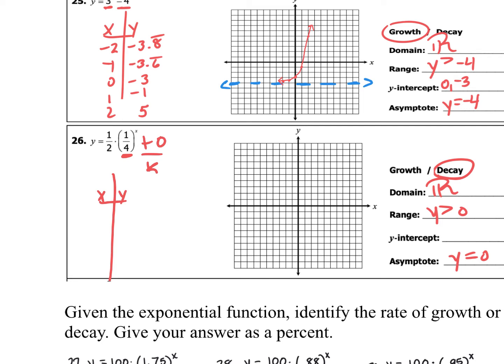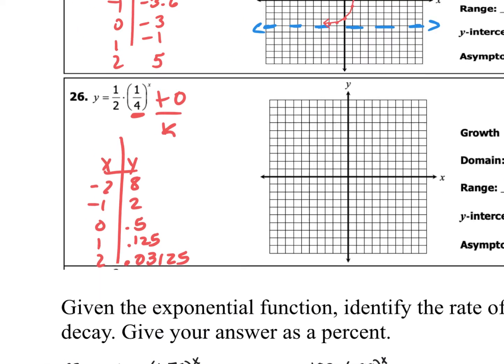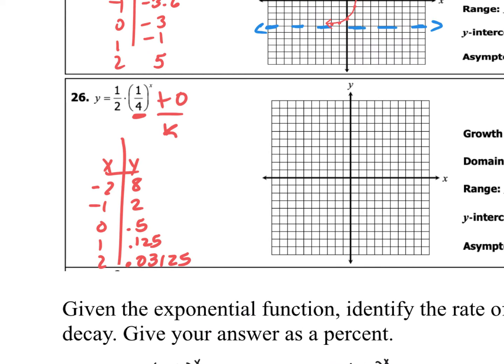And when you put that in your calculator, you should get, for negative 2, 16, then 4, 1, 0.25, and so on. Let me put those down here: 8, 2, 0.5, 0.125, and 0.03125. All right, so on the graph, we have an asymptote at 0.